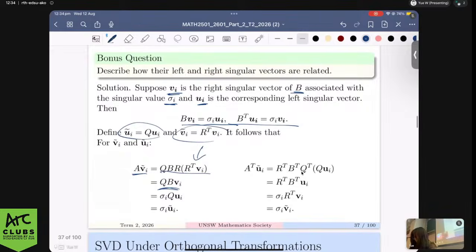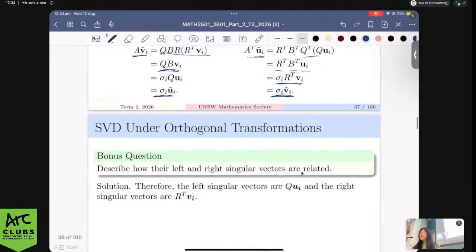After a bunch of simplifying, you should be able to get this. Same trick here: you do A transpose U, sub things in, and you get that Q transpose Q is equal to the identity matrix, so that goes away. What you're left with is R transpose B transpose U, and once again you sub things in and get this form here.